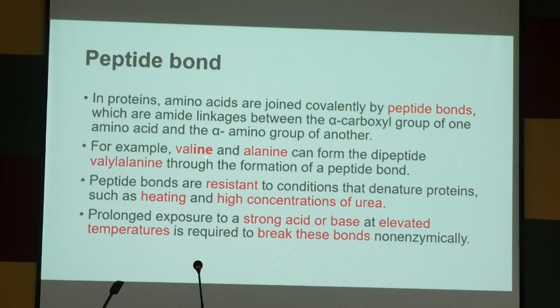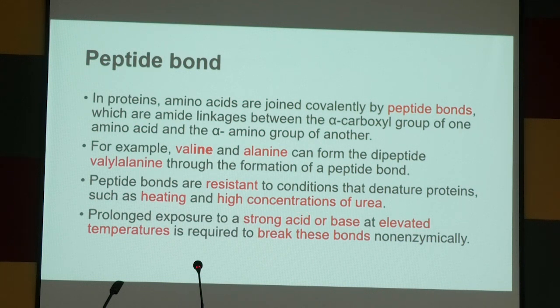Here we can see this amino acid, the end of it is getting changed to yl, valyl alanine. And this peptide bond cannot be broken down by just heating or high concentration of urea.